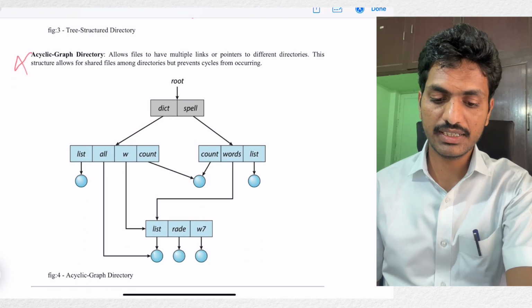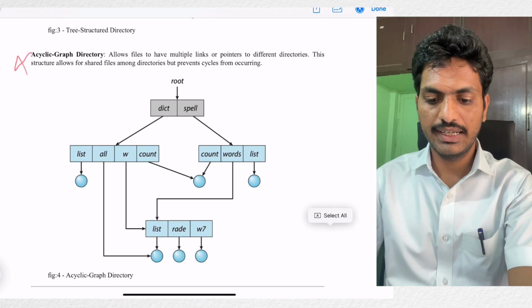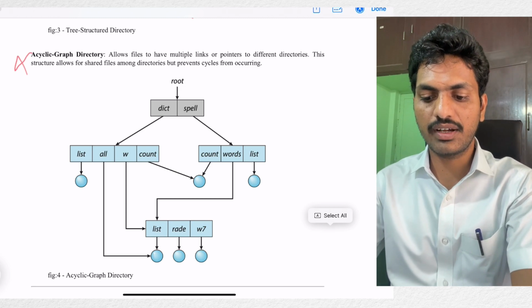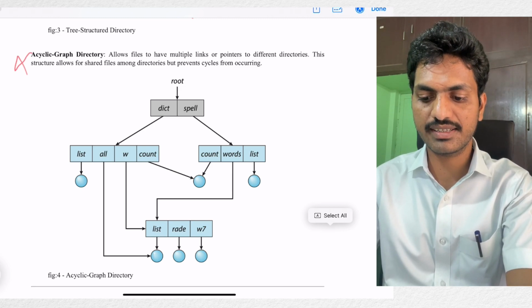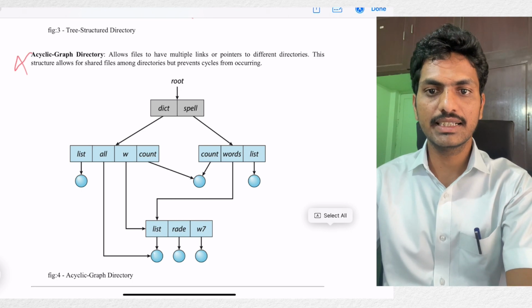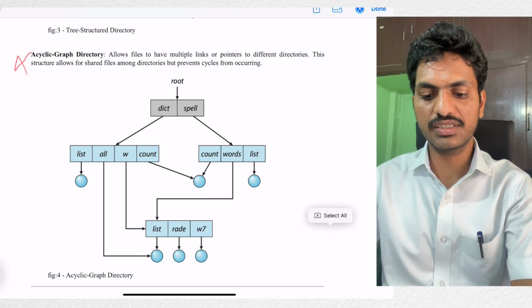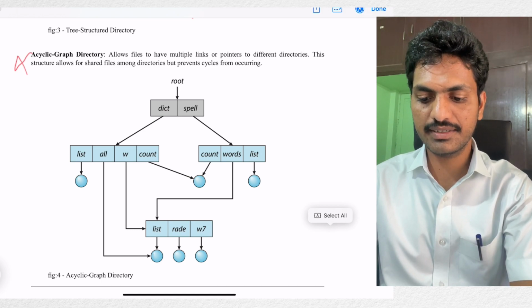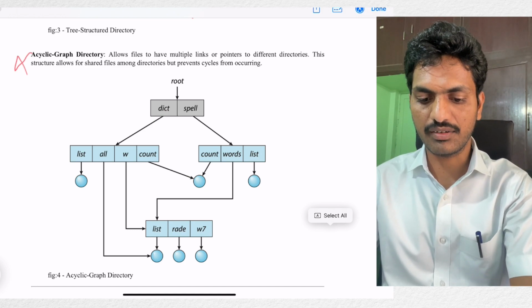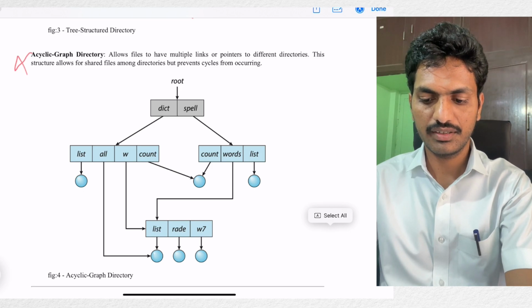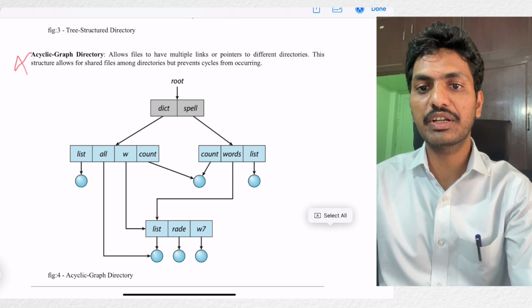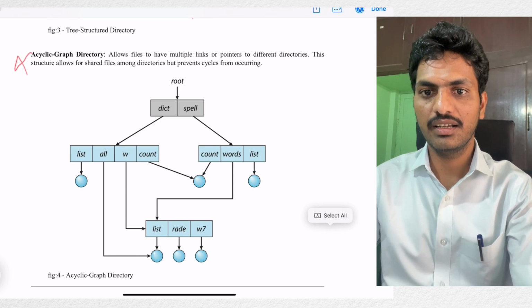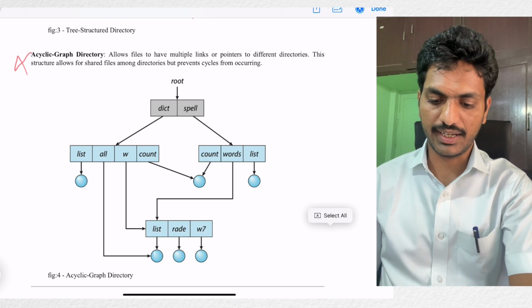Fourth one, what is the fourth one? Acyclic graph directory allows files to have multiple links or pointers to different directories. This allows for shared files among the directories but prevents cycles from occurring. What it means is there should be no cycles.